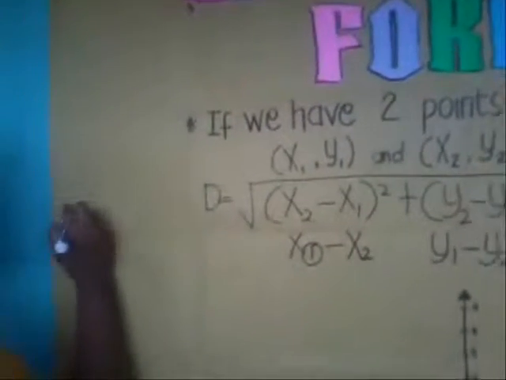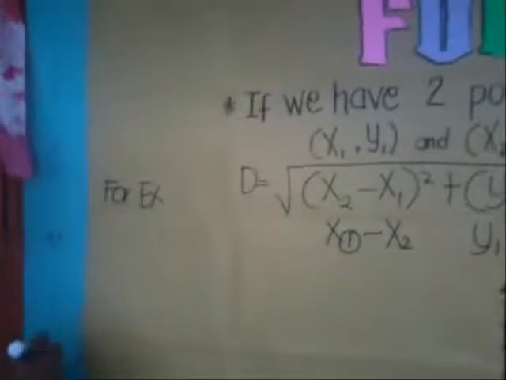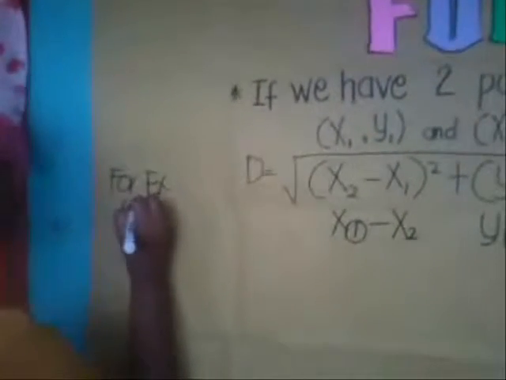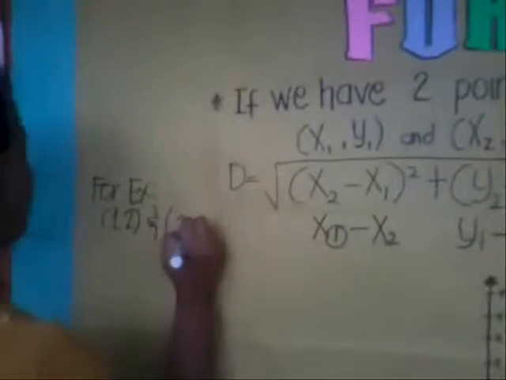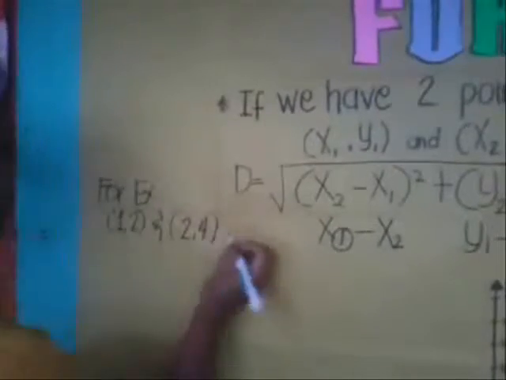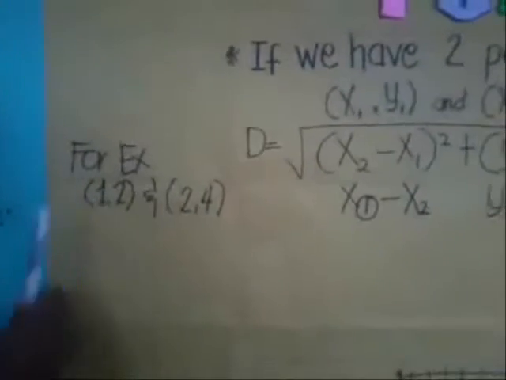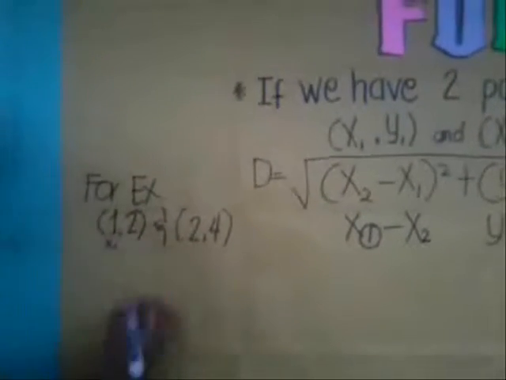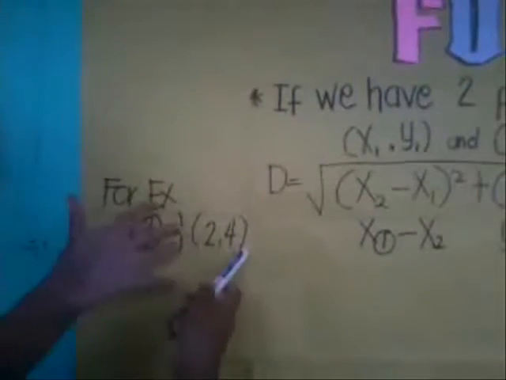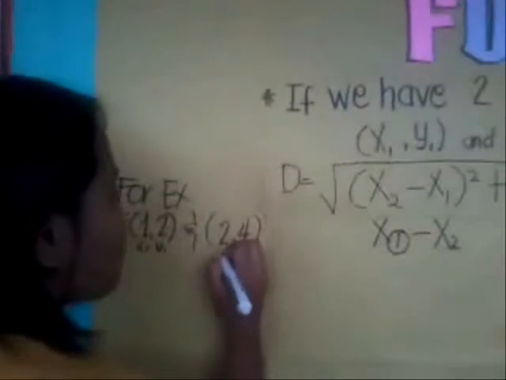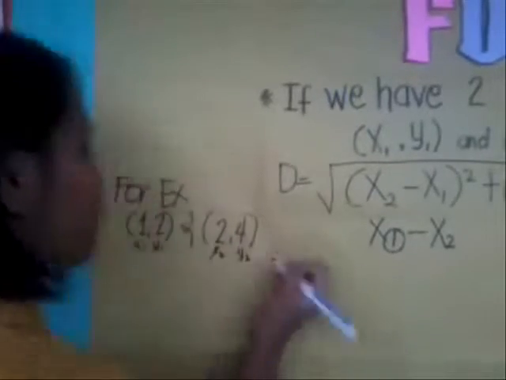For instance, we have a value of, let's say, 1, 2, and another value of 2, 4. In the first ordered pair, this is x sub 1 and this is y sub 1, while in the other ordered pair, this is x sub 2 and this is y sub 2.